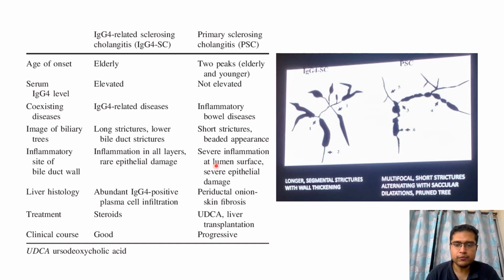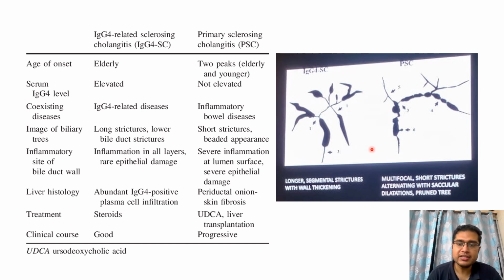Another useful thing that I found in one of the sessions was to differentiate IgG4 related sclerosing cholangitis and primary sclerosing cholangitis. This is a picture of IgG4 sclerosing cholangitis, where the strictures are longer, typically involve the distal segments, and show proximal dilatation of the ducts.